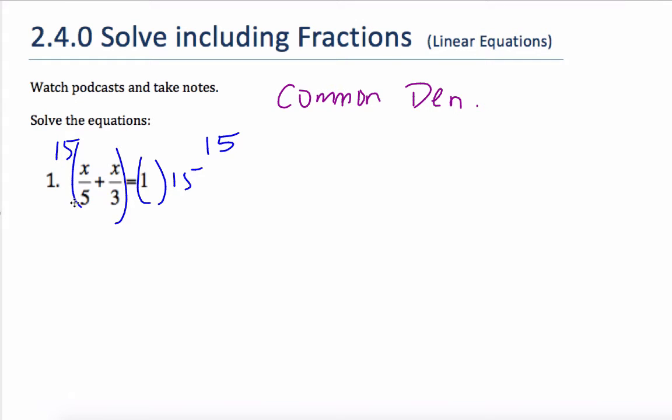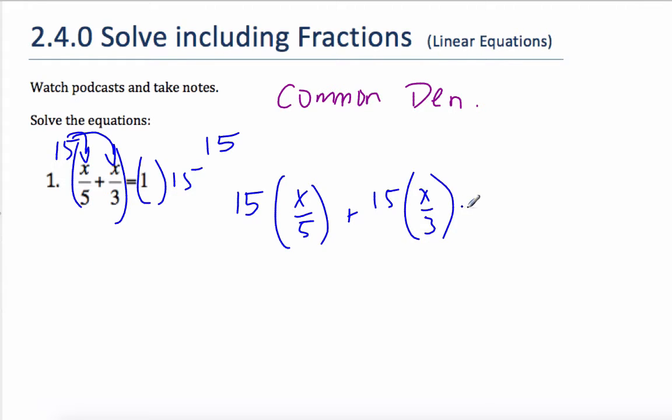Each term gets multiplied by 15. So it's 15 times x over 5 plus 15 times x over 3 equals, well, 1 times 15 is 15.